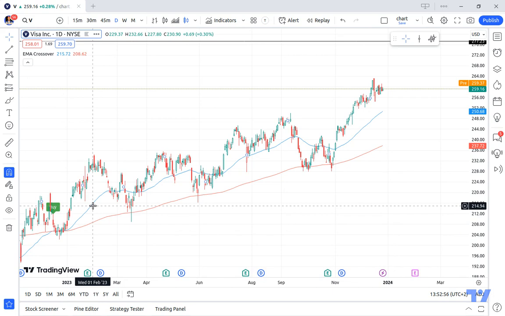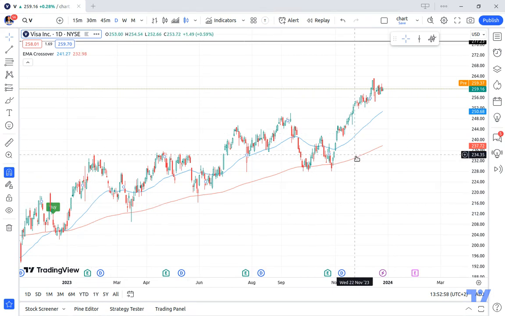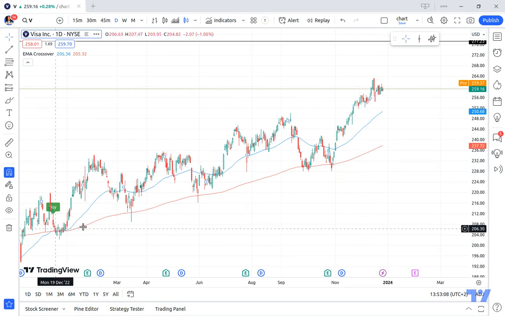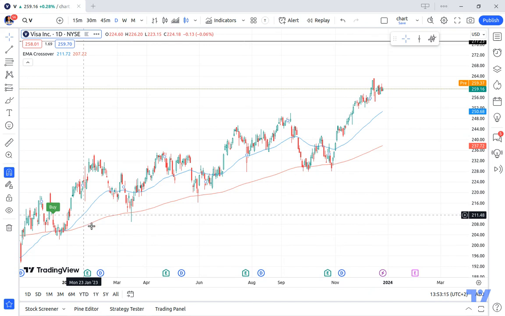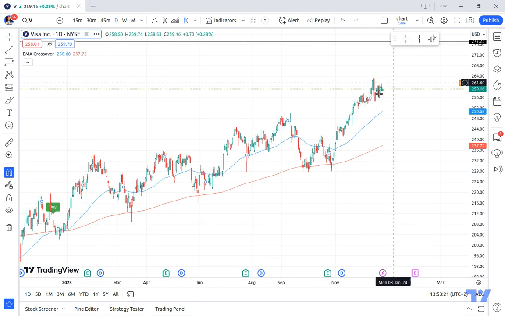The price also has to be above the 200-day moving average. Then the 50-day moving average should cross above the 200-day moving average, which is represented by this buy signal here. After the 50-day moving average crosses the 200-day moving average, it is a good buy.